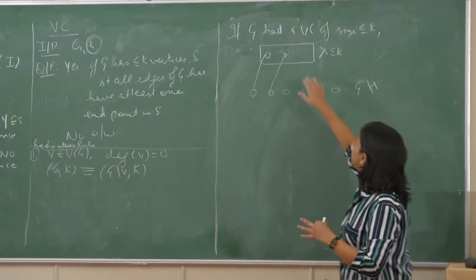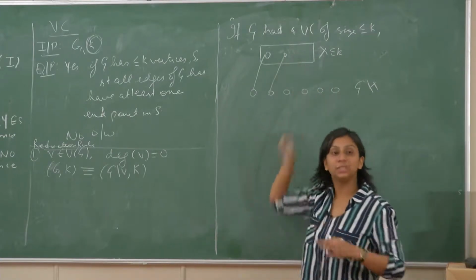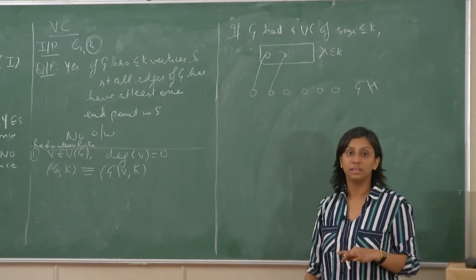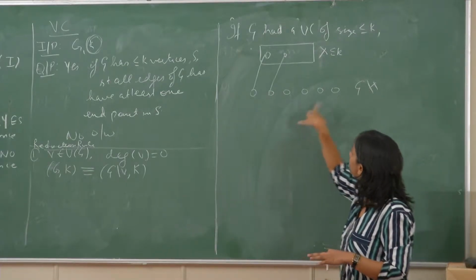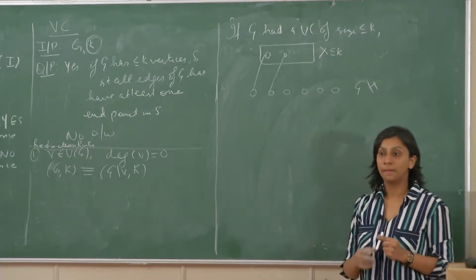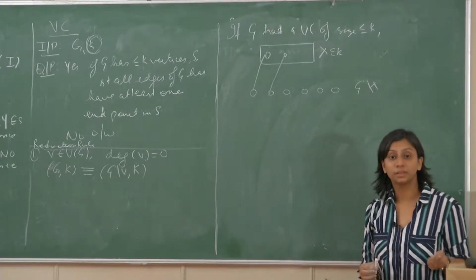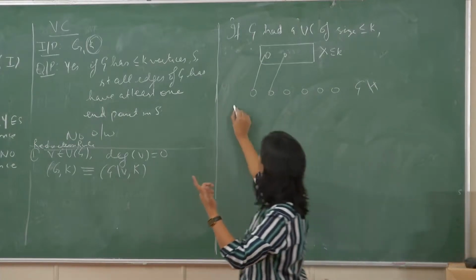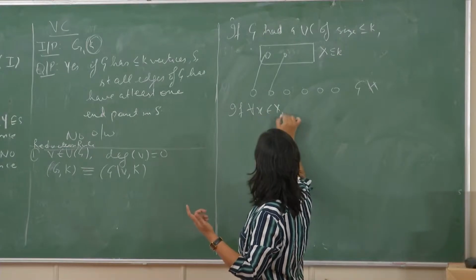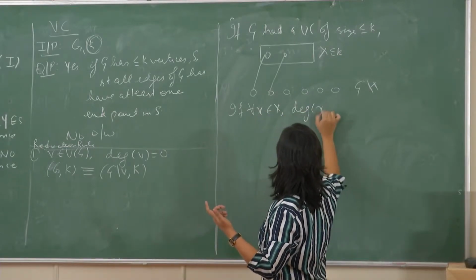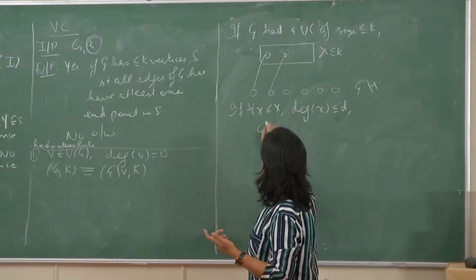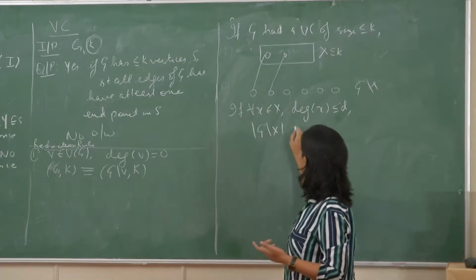For example, suppose I knew that each vertex in X had small degree, say degree d. Then how many vertices can be there here? Suppose I tell you that for all x in X, degree of x is at most d, then what will be the size of G minus X?